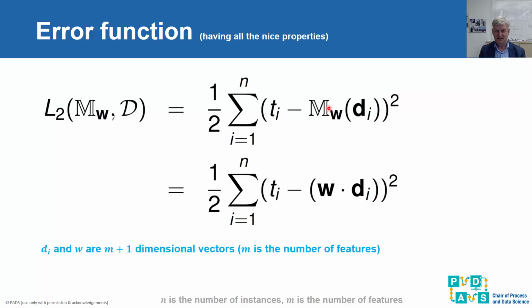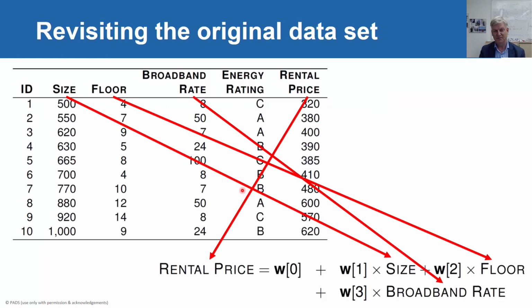So our regression model basically is determining the weights W0 until Wm, and we can simply take the product of these two. So this is my predicted value, and I compare it with the target value. I take the square of the error, I sum it up, and I divide it by 2. Exactly the same as before.